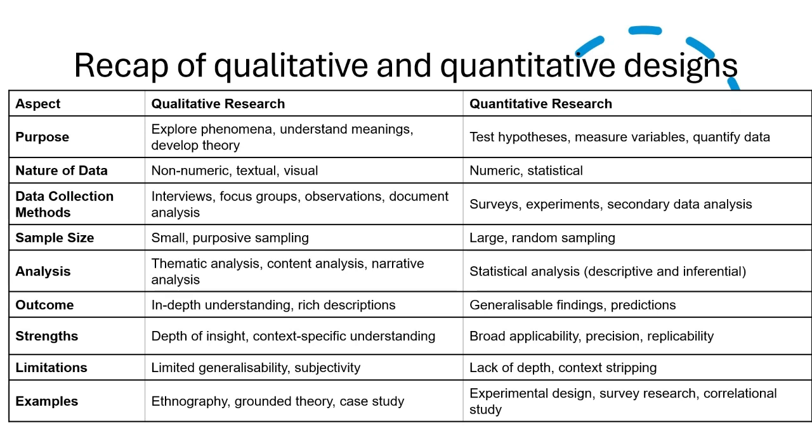Qualitative designs are ethnography, grounded theory, case studies, narrative research, so very much people and text based. In quantitative research, we're looking at designs such as experimental design, survey research, correlation studies, pre-test, post-test studies, and so on.